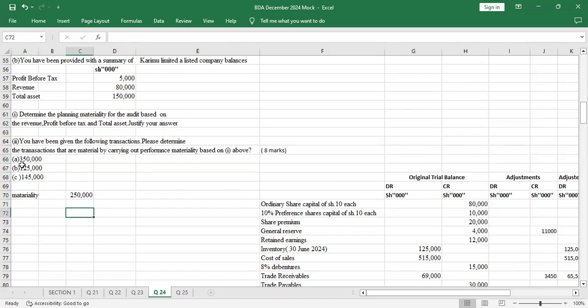So you ask yourself, do we leave 125 and 145 because they are below 250? No, we do what we call performance materiality. So you carry out what we call performance materiality.